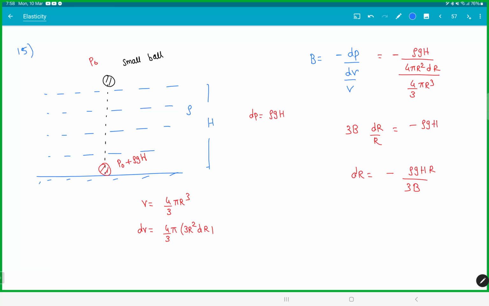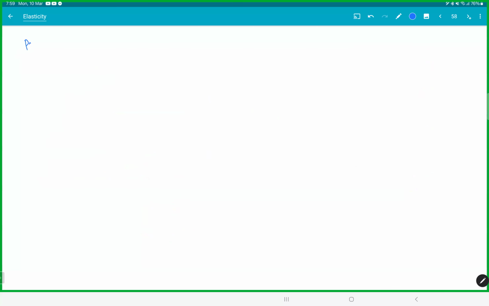Now, in all these things that we did, there is one thing we always kept on ignoring. If you take a rod and try to stretch it, do you think the radius will remain constant? The radius also changes a bit. So that's given by something called Poisson's ratio. Poisson's ratio, the symbol is sigma, just a bit of theory.